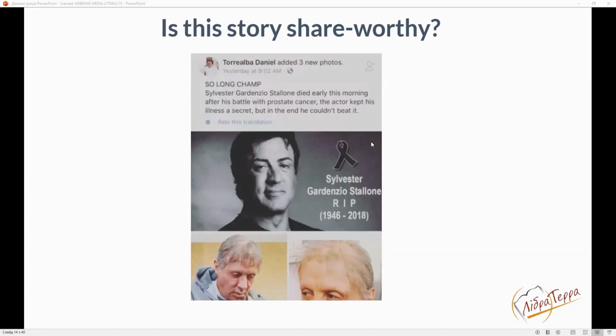So this actor is very famous, probably has lots of fans, so they all will be very sad. This is shocking news, so they want to share it right away, this type of message. And I would like to say that this is a very popular piece of so-called news that is spread online, so always think before you share. That's always a good idea.